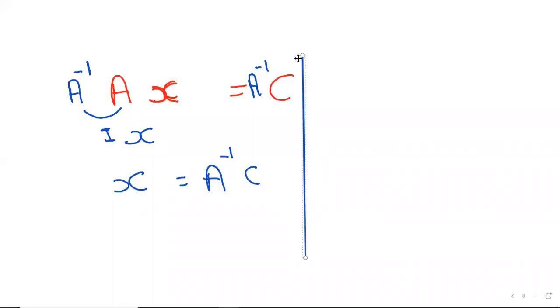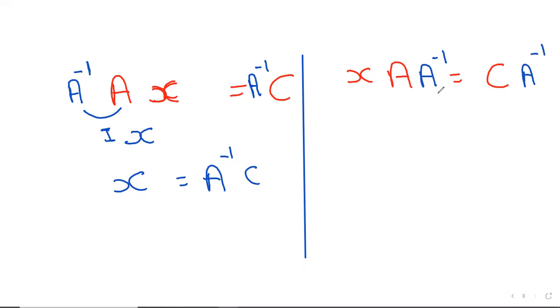And if I have the matrix X multiplied by the matrix A equals C, and I want to get the matrix X, we're going to multiply by the multiplicative inverse. Here, A to the power of negative 1, and here multiplied by A to the power of negative 1. Look at the order of multiplying.